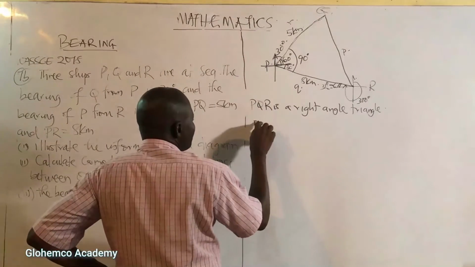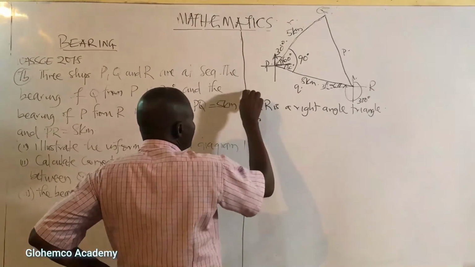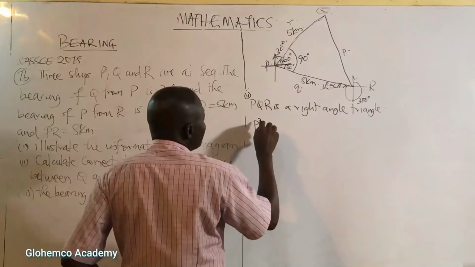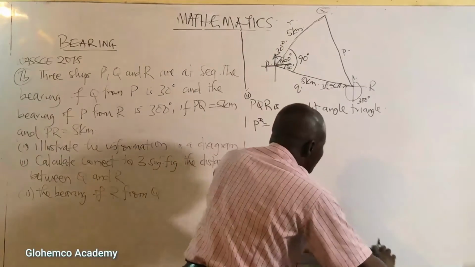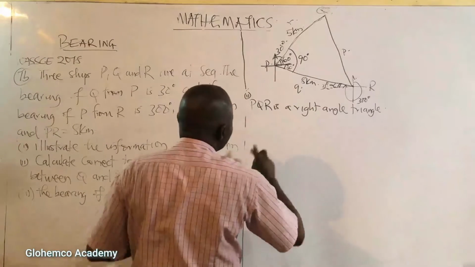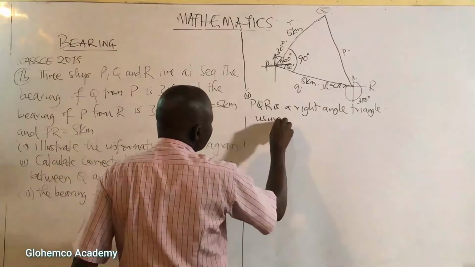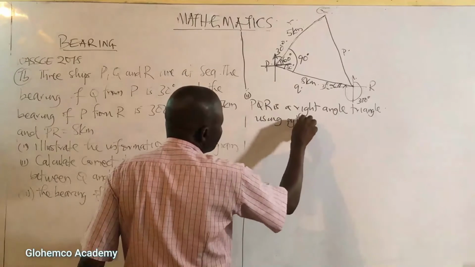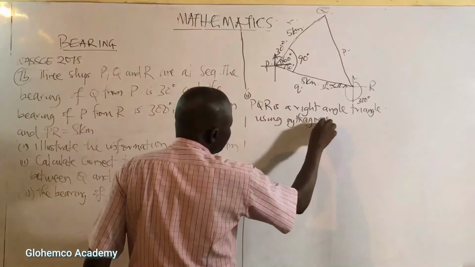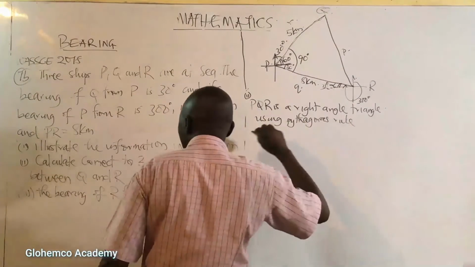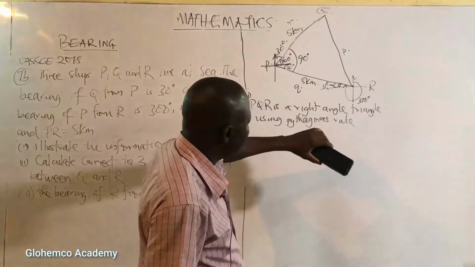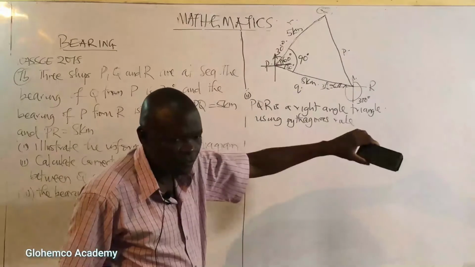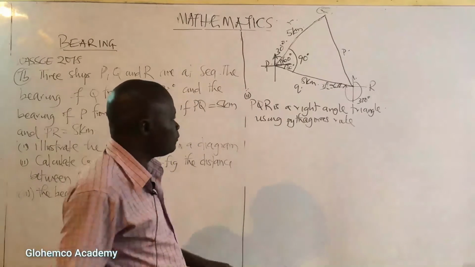Now we use the Pythagoras theorem here, but instead of ABC, we are to use PQR.